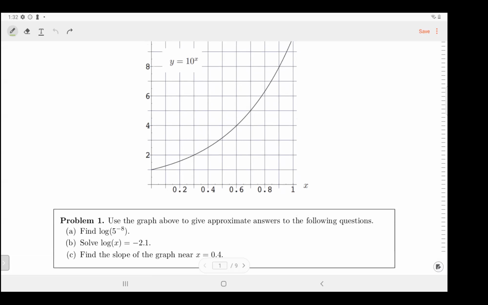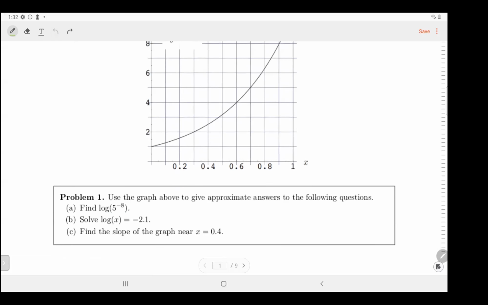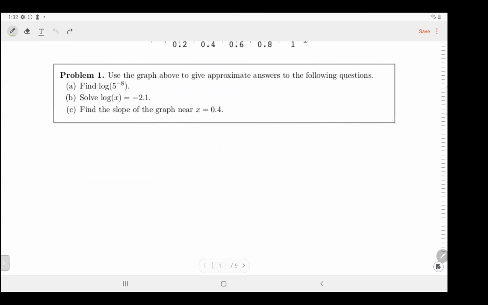So let's look at part A. Part A is asking for the log of 5 to the negative 8. Okay, so the way I would do this is I would think, first of all, I can do some log rules. So before I even think about the graph, I know log of 5 to the negative 8.